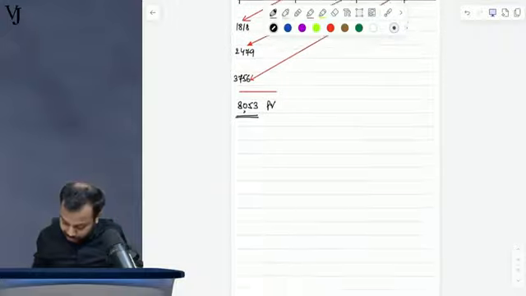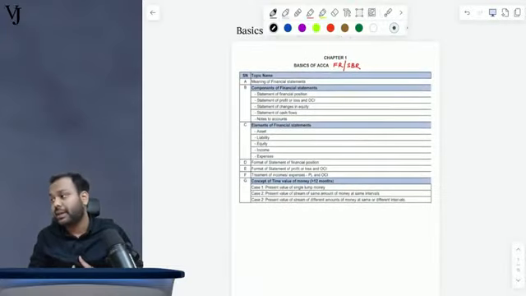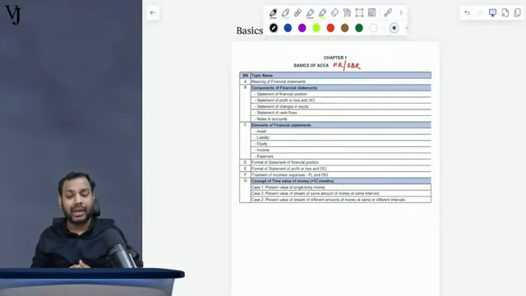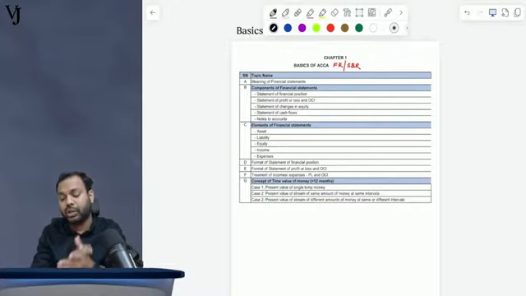Now, this is all about the basics of ACCA FR and the SBR paper. I believe I have cleared the basics, but still, if you have anything that you want to discuss with me, definitely the stage is all yours.